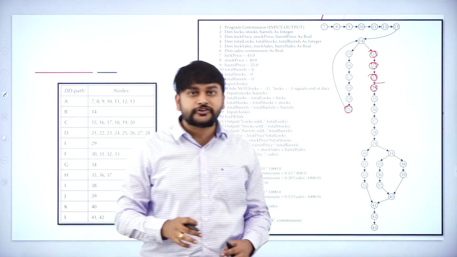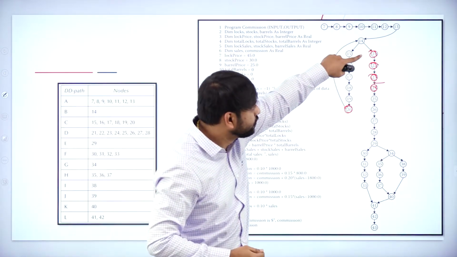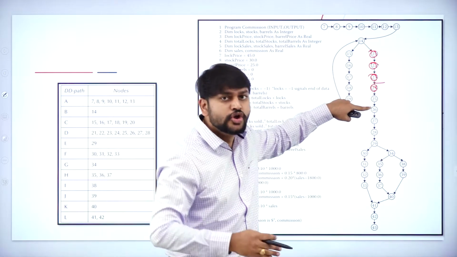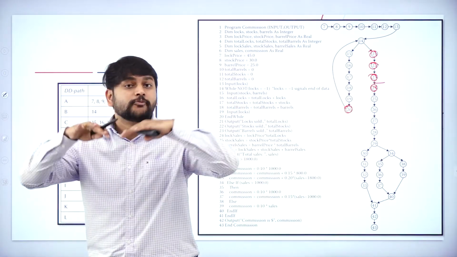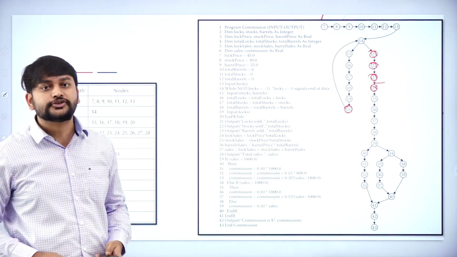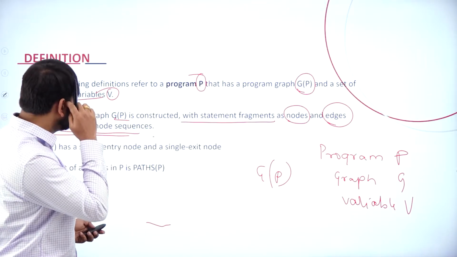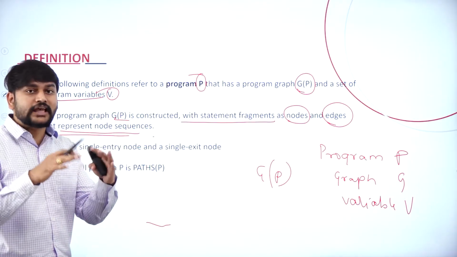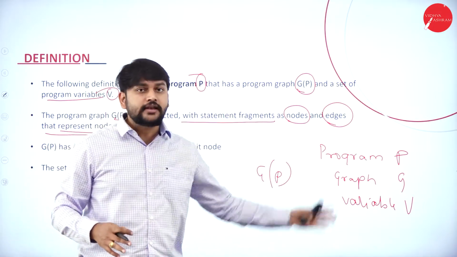This graph is made up of a sequence of nodes, in the sense one after the other, you have a lot of nodes. With the help of this, I'm forming the graph. You understood what a graph is and how we are developing it with the help of nodes and edges.